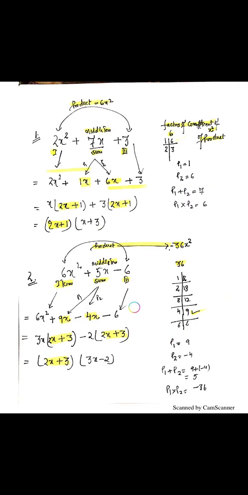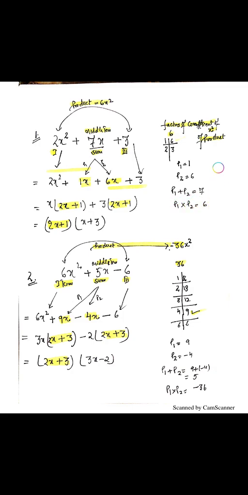Now again on the expression 2x square plus 7x plus 3. Here the first term is 2x square, the middle term is 7x and 3 is the third term. You have to find the product of the first and third term, which is equal to 6x square. The middle term is 7x, so the sum is equal to 7x. You have to split 7x into two parts such that their sum is 7x and product is 6x square.